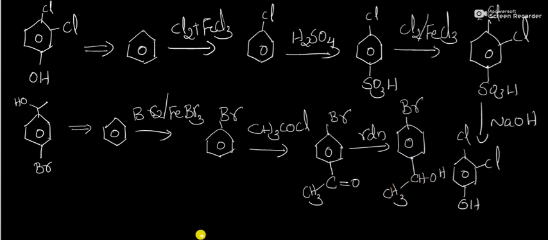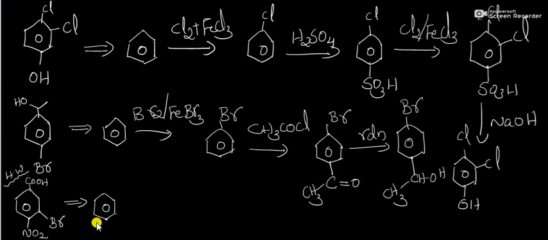That is our target molecule. And this is a problem to do as homework. Here this is our target molecule. How can you synthesize this compound from benzene? That is homework.